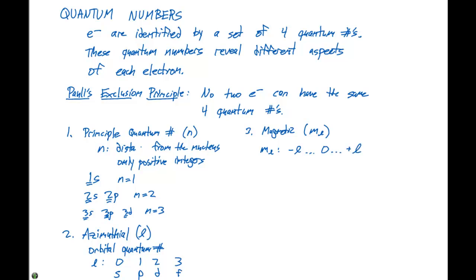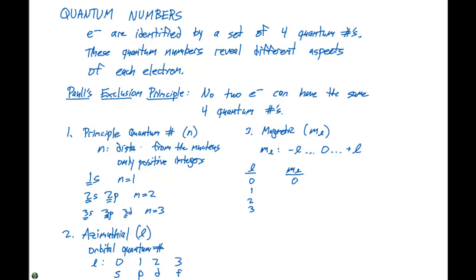So for example, if our l value is 0, 1, 2, or 3, these are the m sub l values that are possible. For an electron in the s orbital, the m sub l value is always going to be 0.